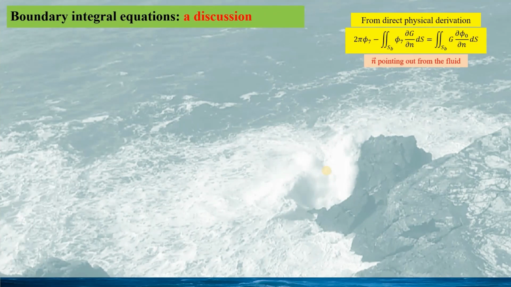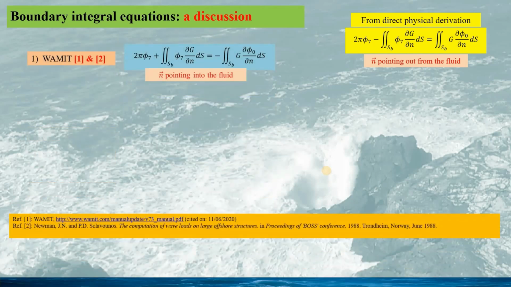Here, we can compare the boundary integral equations from the different sources. In the famous boundary element method for wave structure interaction, WAMIT, Wave Analysis MIT, and the reference tool, both give the integral equation as this, but no derivation was given on how this integral equation is derived.